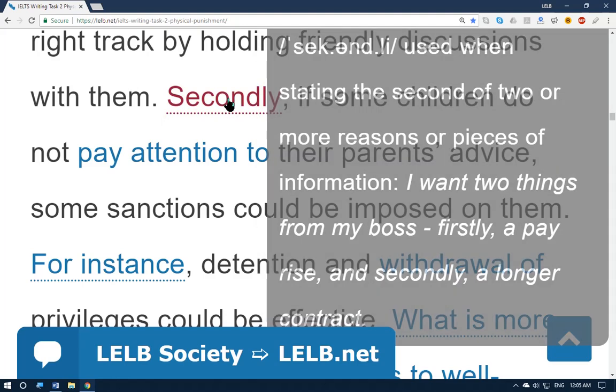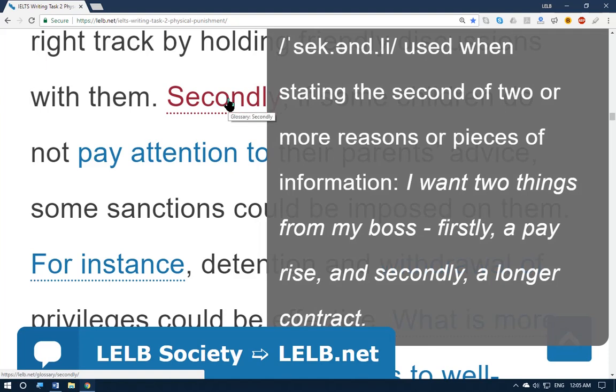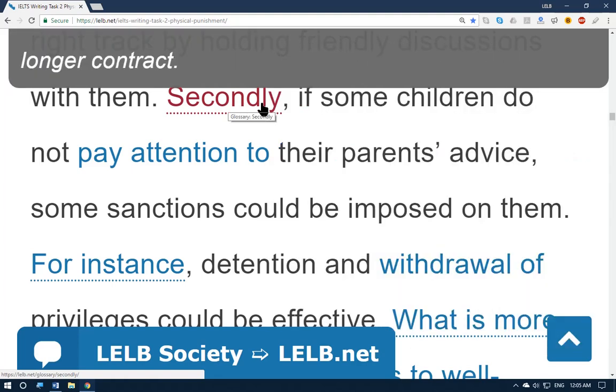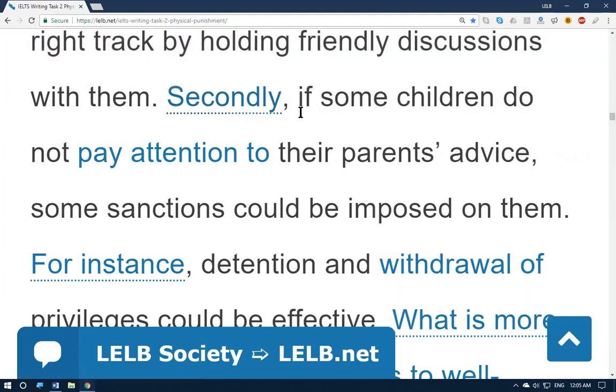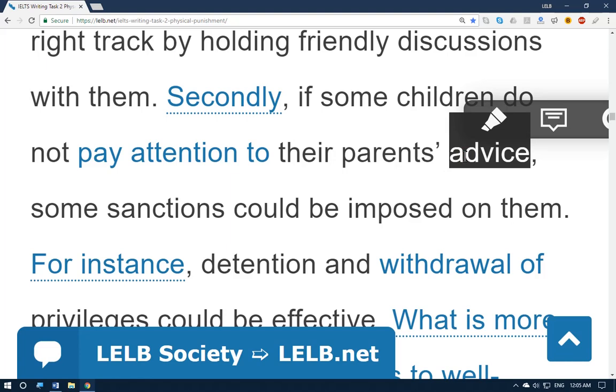Secondly, or second of all, starting the second of two or more reasons or pieces of information. Secondly, if some children do not pay attention to their parents' advice, we don't have advices. Advice as a noun is always singular.